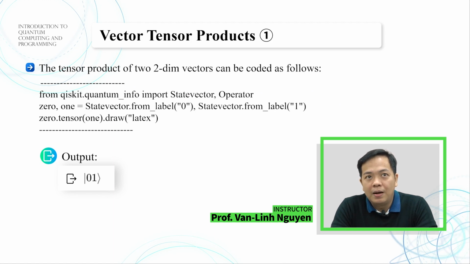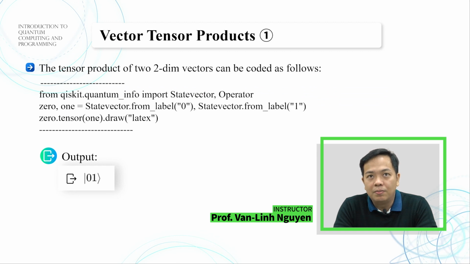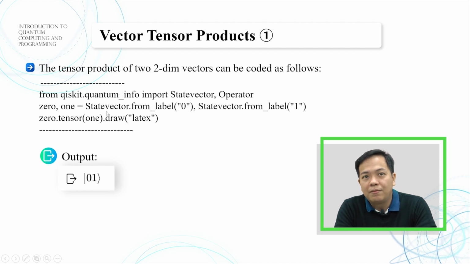Here is how you can simulate the vector tensor product of 1 and 0, and how to define the tensor product for two qubits, or two-dimension vectors. This code gives you the tensor products for 0, 1, and so on. I can run it directly in Colab and we'll see how it looks.